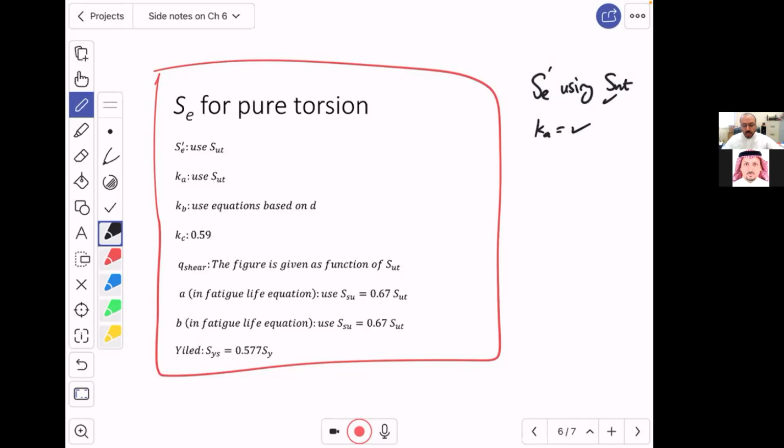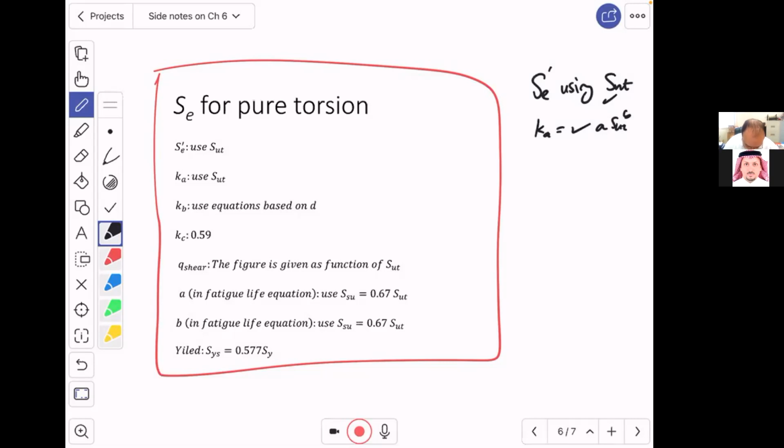Any material, regardless if it is subjected to cyclic bending or shear or axial, doesn't matter. Ka is related to the surface and it was correlated with SUT. So you can use A SUT to the power B. You don't convert it into SUS, which is the shear yield. No, this has nothing to do with it.